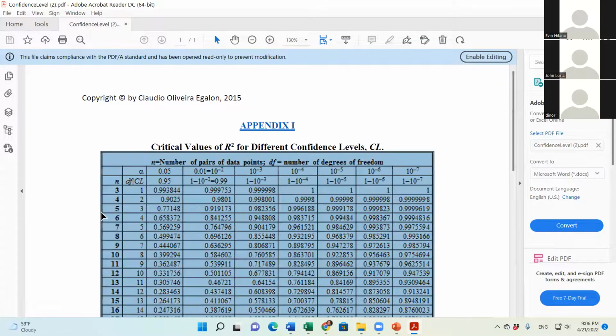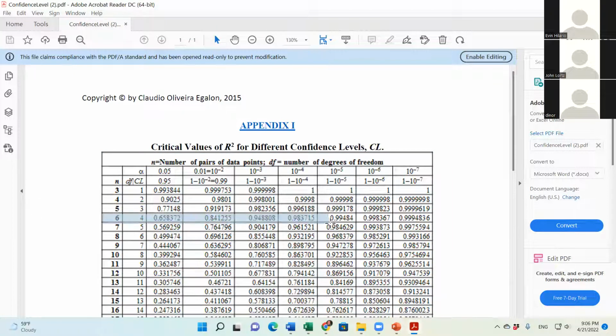Okay, group 6, R squared between those two values, 0.9837. You log this value here.